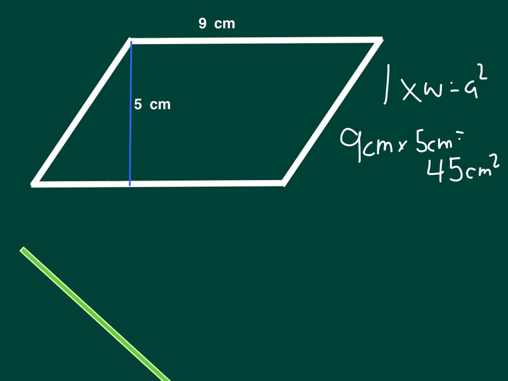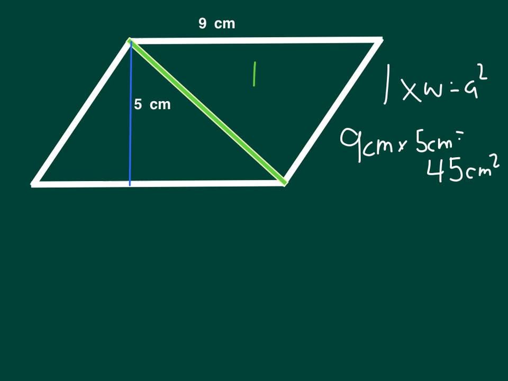So that's great. And we've already done an experiment where we showed that if we divide a parallelogram in half, we get 2 completely equal triangles, which means that the area, 45 centimeters squared, divided by 2, equals the area of my triangle.